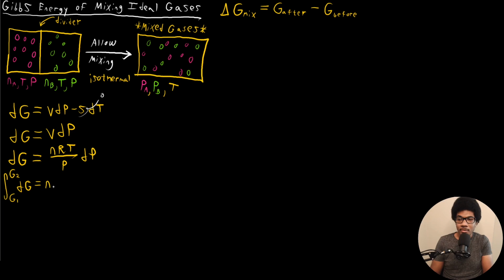So we can pull all those out of the integral. nRT comes out, and we're just integrating from some initial pressure P1 to a final pressure P2 of 1 over P dP. On the left-hand side, you just end up with G2 minus G1, and on the right-hand side, we've seen this integral before: nRT ln P2 over P1.